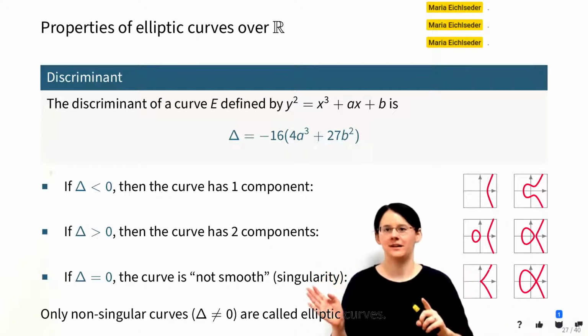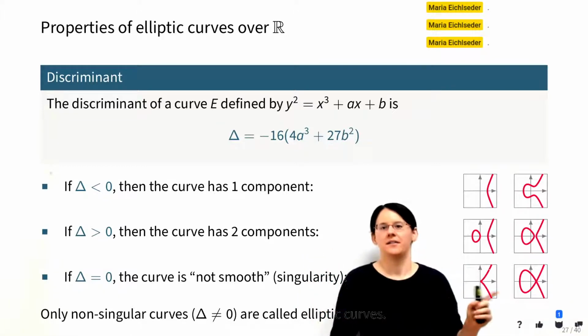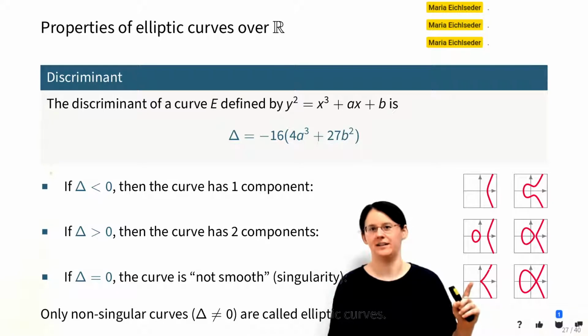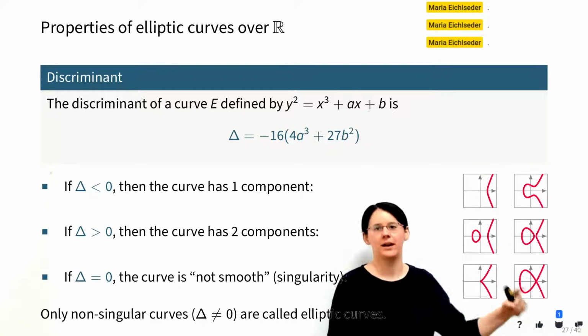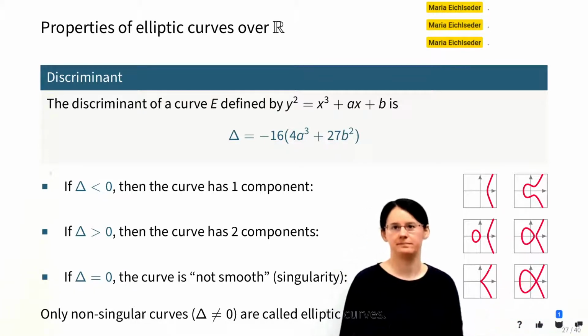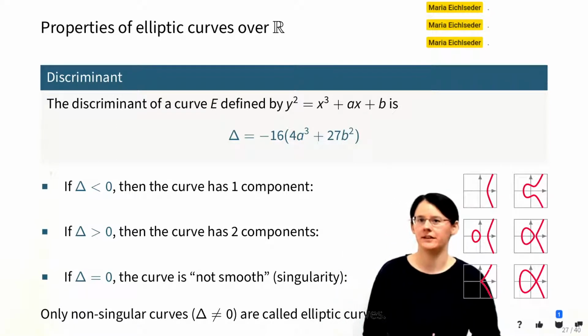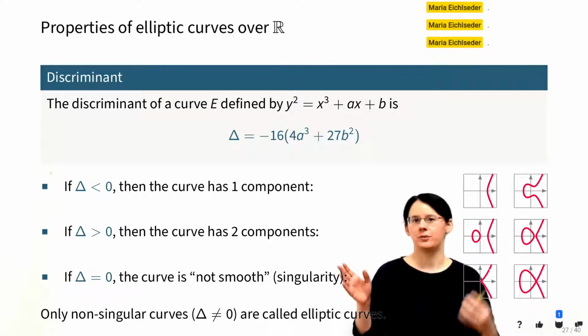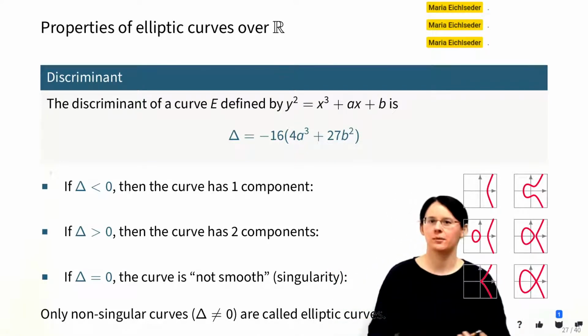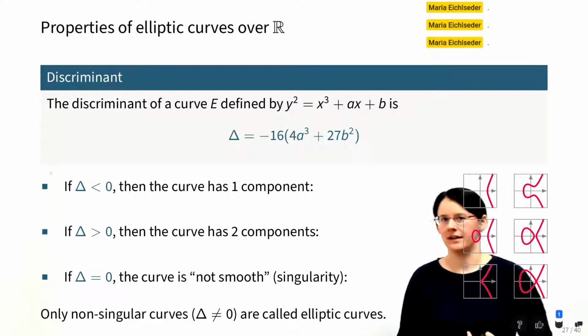And if the discriminant is 0, then the curve is not smooth because the bubble is sort of currently in the process of disconnecting. So you either have a point like here, or you can have a loop like in this example here, where you again have a non-differentiable point here in this intersection, which is called a singularity. And curves which don't have a singularity are called non-singular, and these are the ones we actually refer to as elliptic curves.